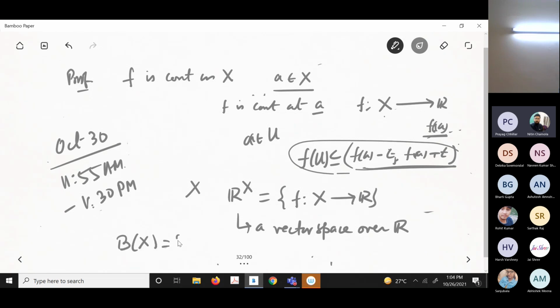That means f belongs to R^X such that f is bounded.